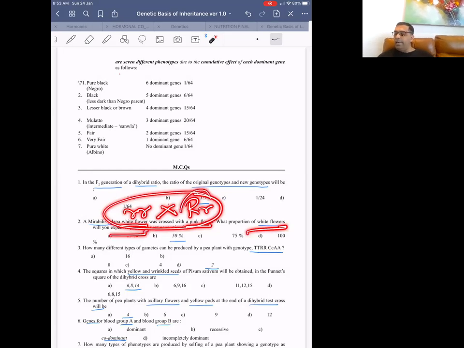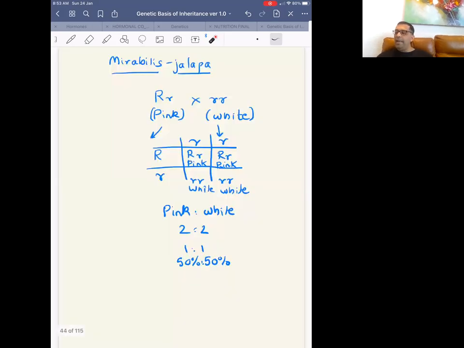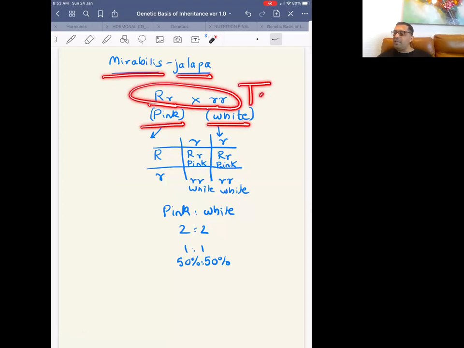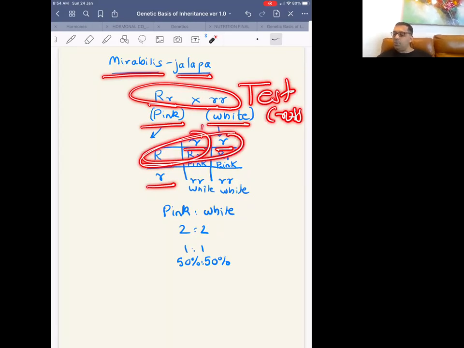So in Mirabilis, pink, capital R, small r, into white, small r, small r, is an example of a test cross. And in a test cross, we remember, you will get capital R, small r, and here we get small r, small r. So this becomes pink, this becomes pink, this becomes white, this becomes white.